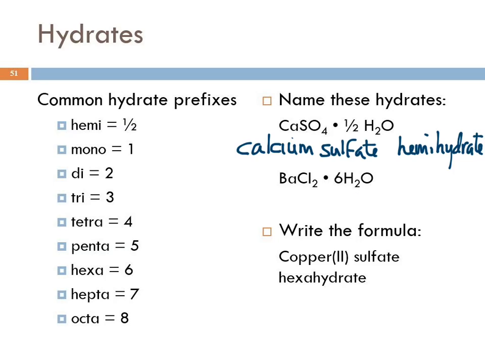BaCl2·6H2O. Barium chloride. No Roman numeral because barium is in group 2. Barium chloride. And then for 6, we write hexahydrate.